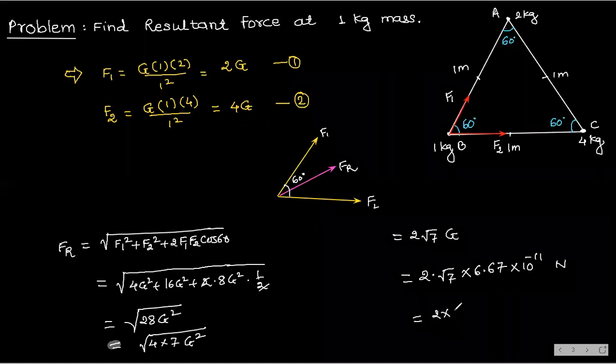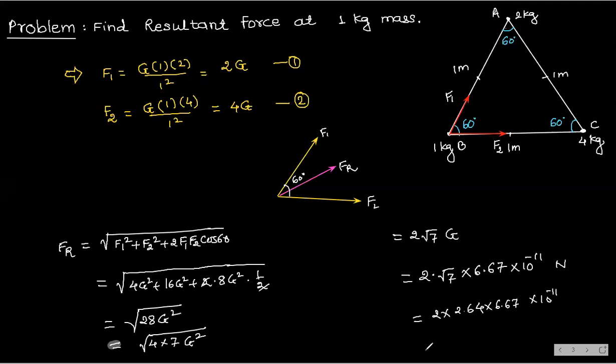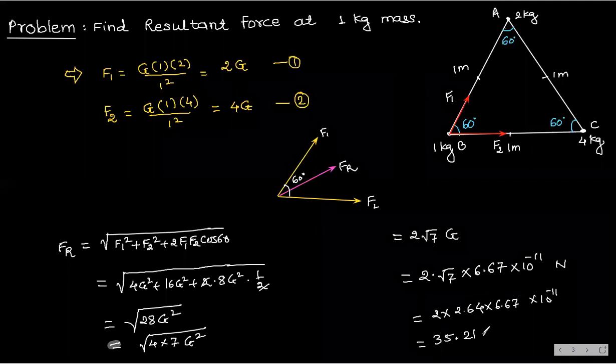This is 2 into root 7, which is 2.64, you can take, into 6.67 into 10 to the power minus 11. How much will it be? It is coming 35.21 into 10 to the power minus 11 Newton. Okay.